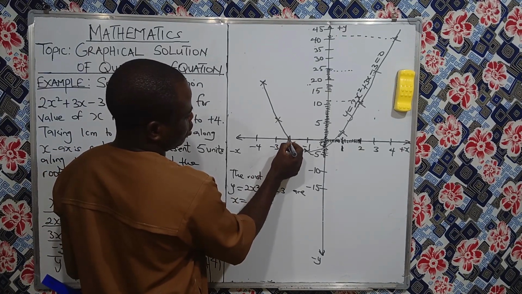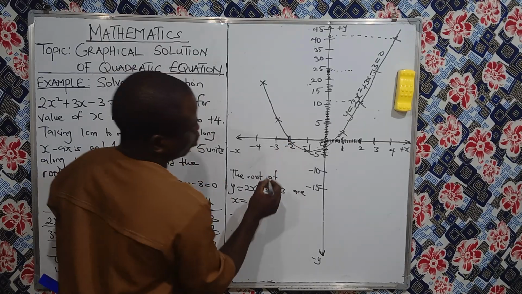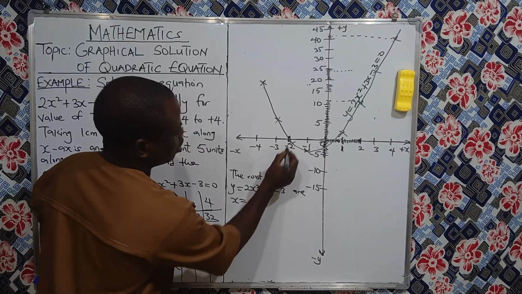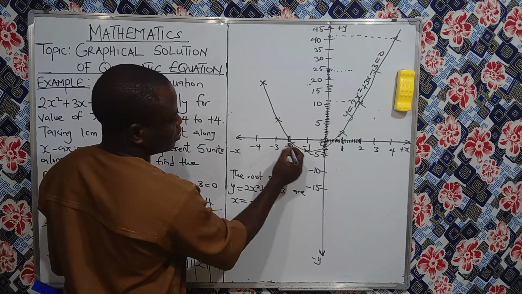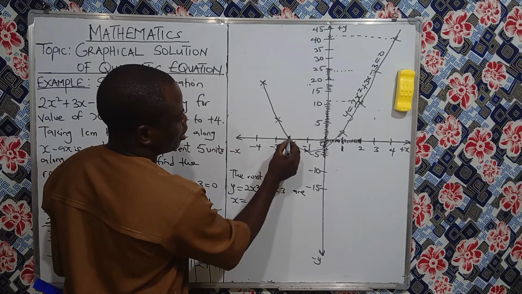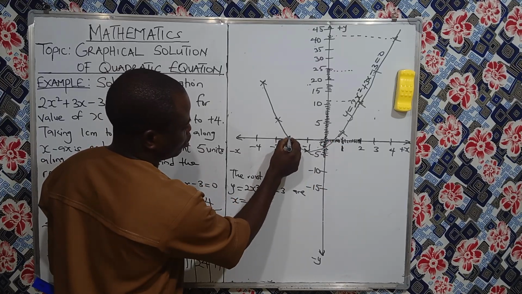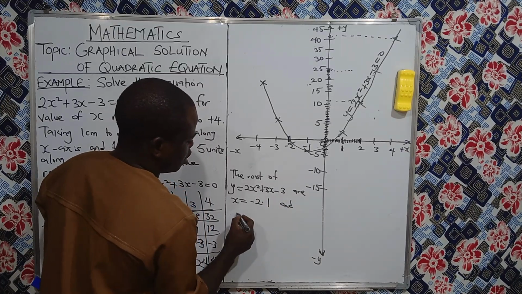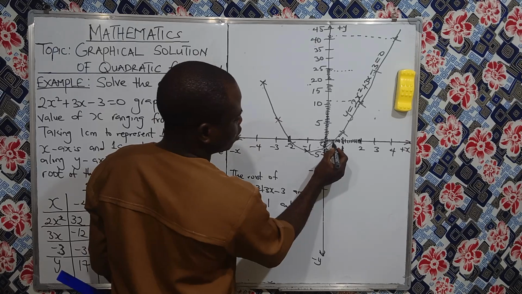As you see, it cuts at this point, minus 2 point, when we divide 1 by 10, that's 0.1, so that's minus 2.1.